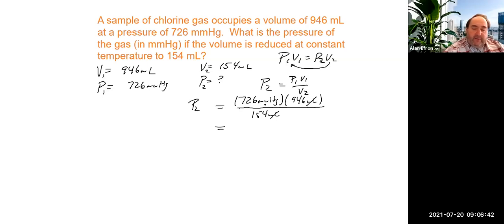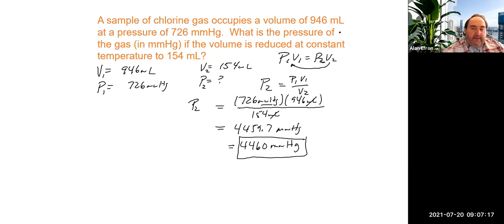If we do 726 times 946 divided by 154, it gives us something like 4459.7, and the units would be millimeters of mercury. We probably want to clean it up to about 3 significant figures, since everything else is 3 sig figs, so about 4460 millimeters of mercury.